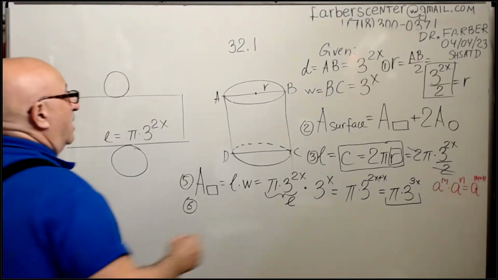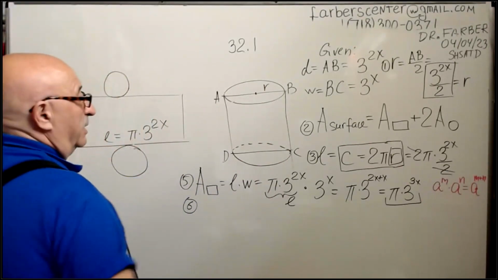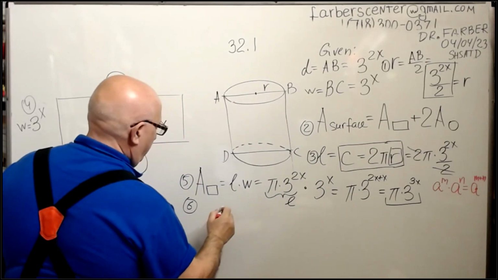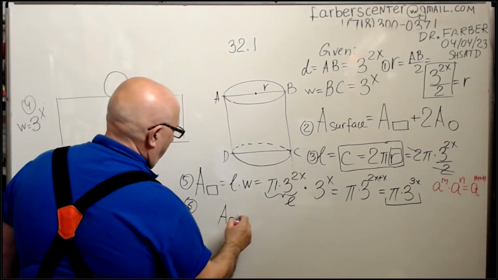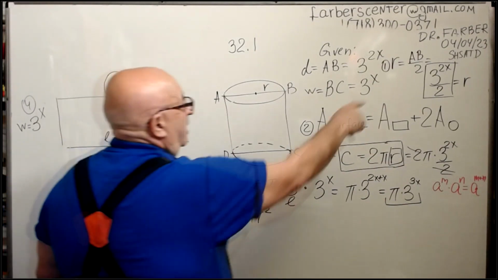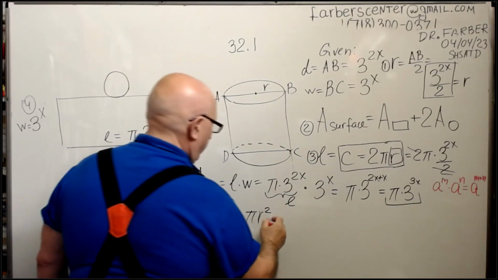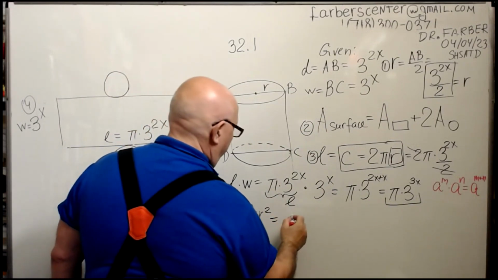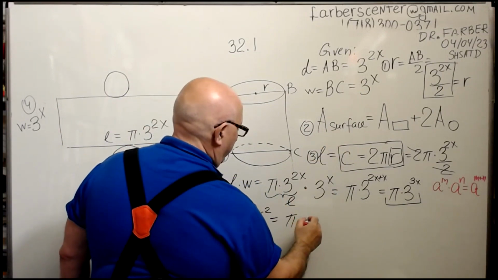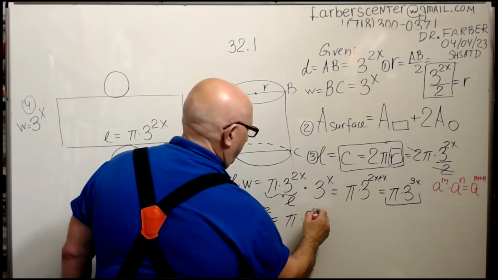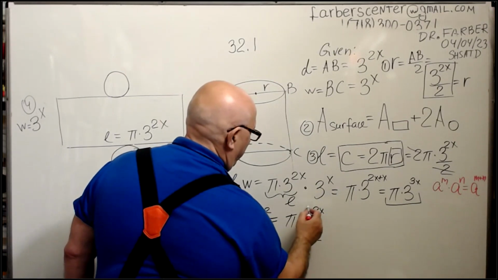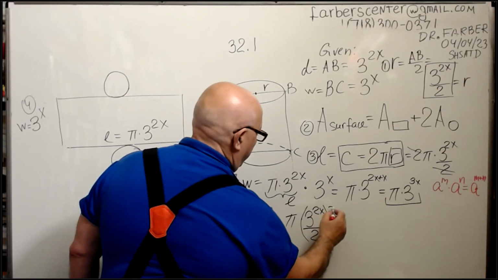Now, how to find the area of a circle? And keep in mind, we have two areas of circles. Area of a circle, make some room here, equals pi r squared. But since our r equals 3 to the power 2x divided by 2, plug in r to the second power.